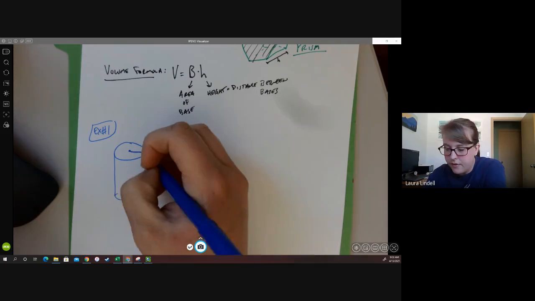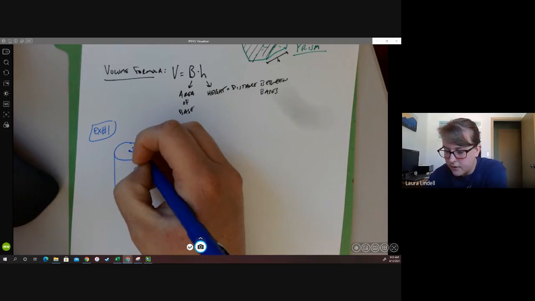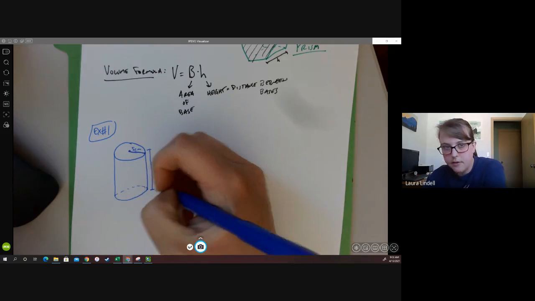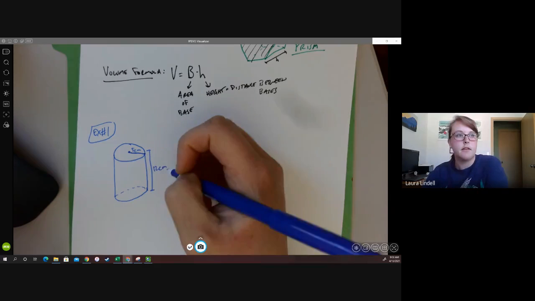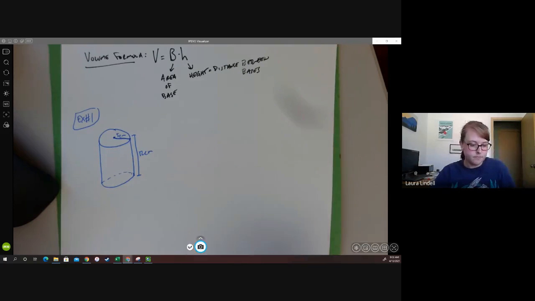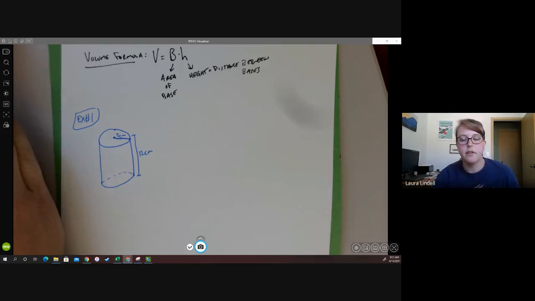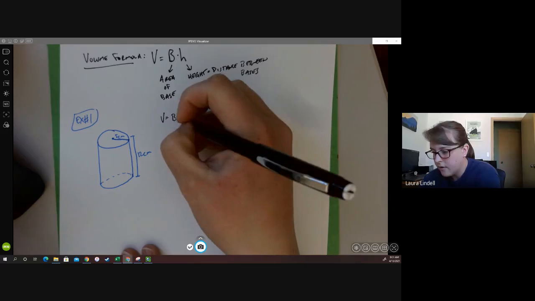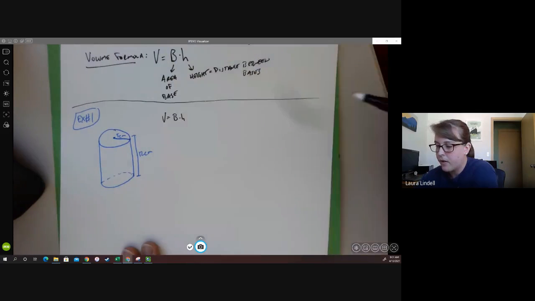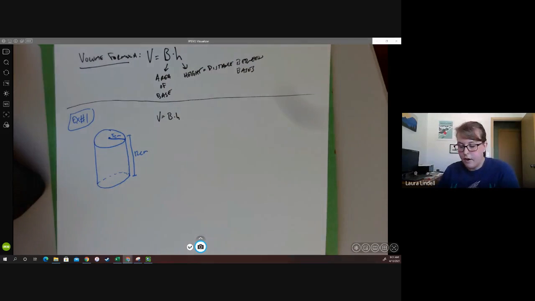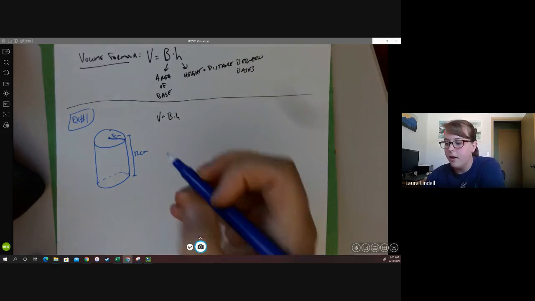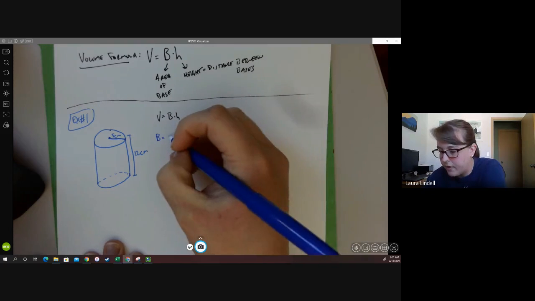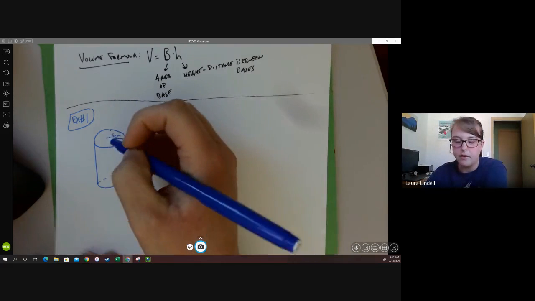And we are told that this distance is 5 centimeters, and that this distance is 12 centimeters. Okay. And that's all we really need in order to find the volume of a cylinder. So we know that volume is area of the base times the height. So now we have to start with finding the area of the base. And the base for a cylinder, in this case, is going to be pi r squared because the base is circular.